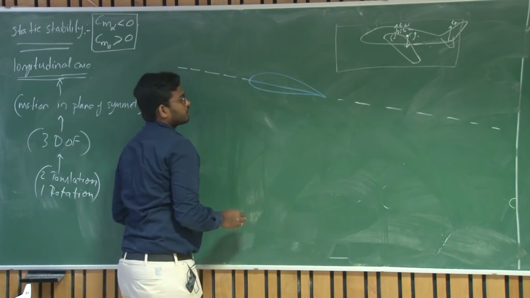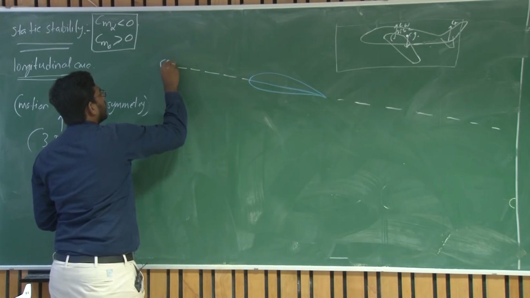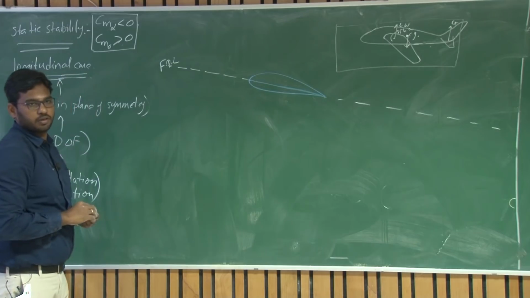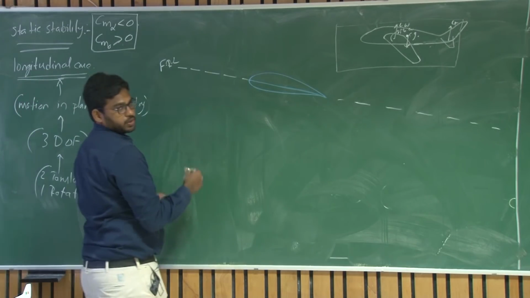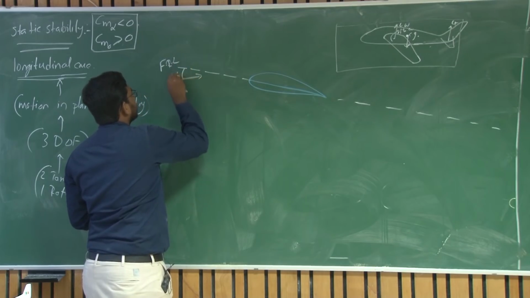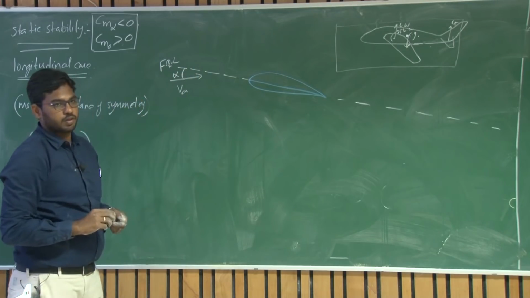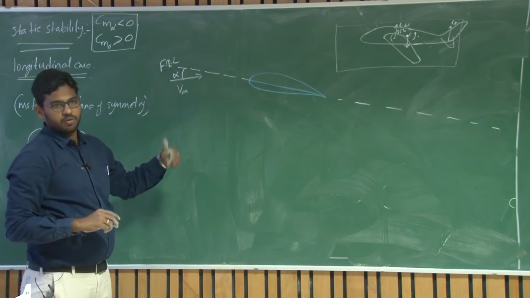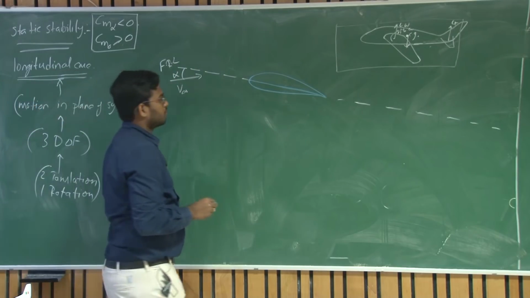The root chord and this fuselage reference line are aligned with each other; they both coincide. So whatever angle of attack you see here is alpha, and you can incorporate that IW at any time.